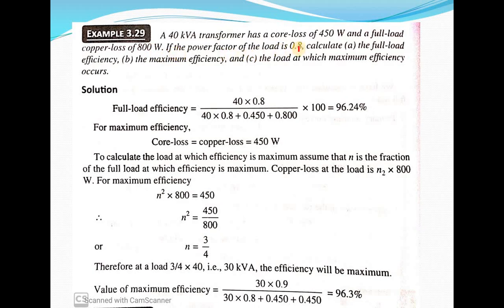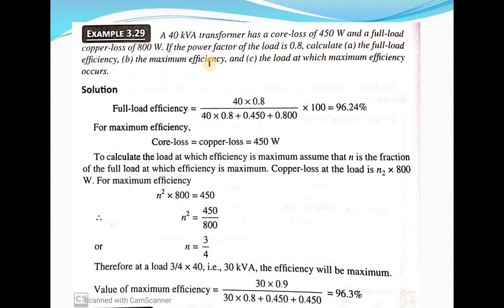If the power factor of the load is 0.5, calculate the full load efficiency. Second part, the maximum efficiency, and third part, the load at which maximum efficiency occurs.